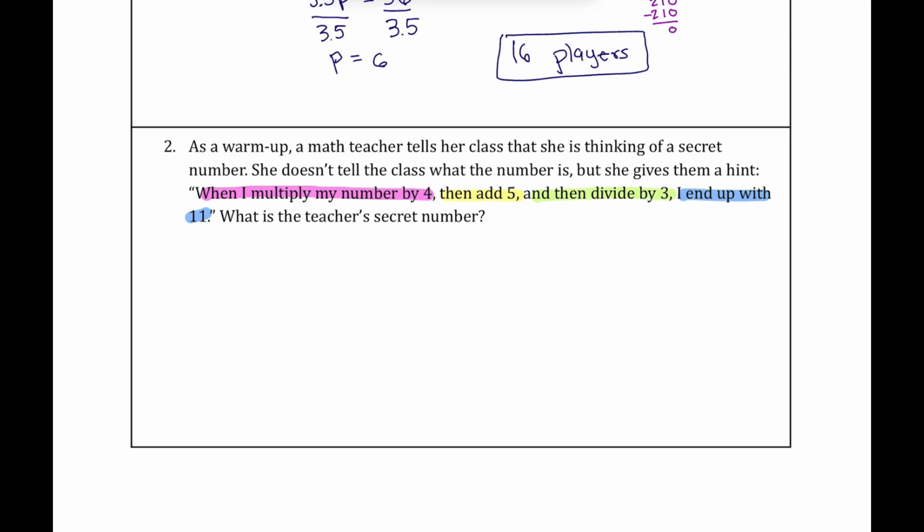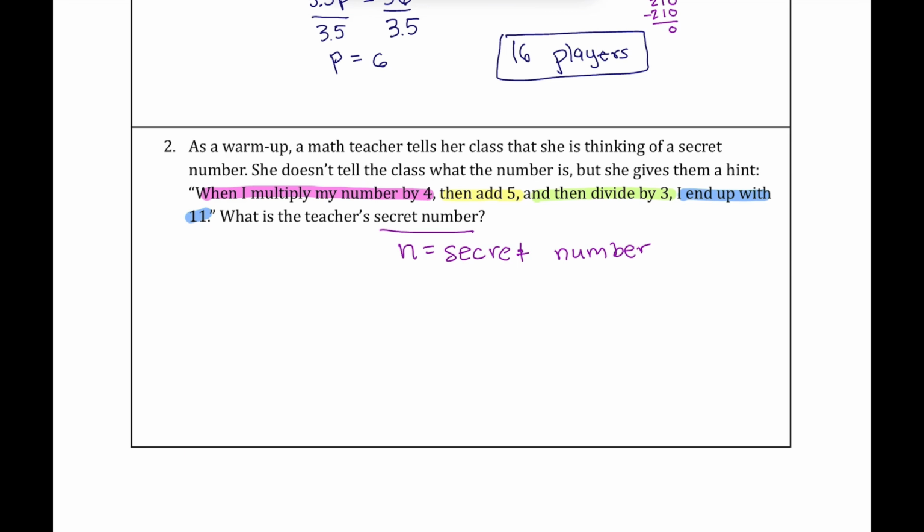So again, very first thing we want to do is define our variable. The variable is the unknown value, which in this case is the secret number. So we're going to say that n is our variable, and that's going to represent the secret number. Then we're going to follow along with all the operations that the teacher lists out.